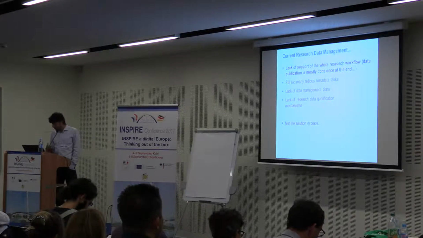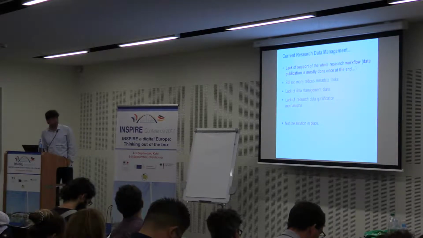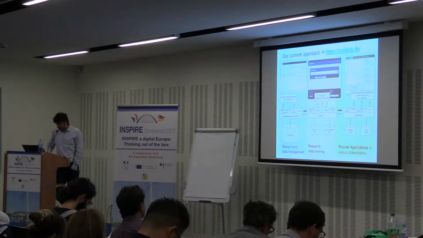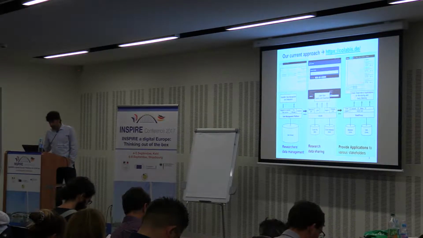So that's why we designed an architecture, based also on already existing components, which is shown here. That's our Colabis research data platform. It has three basic components. The first one, seen on the left, is the researchers' data management platform.